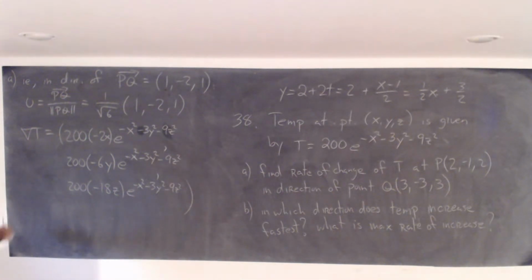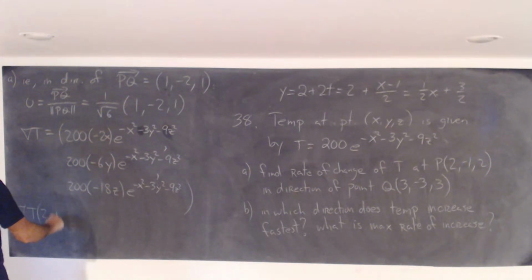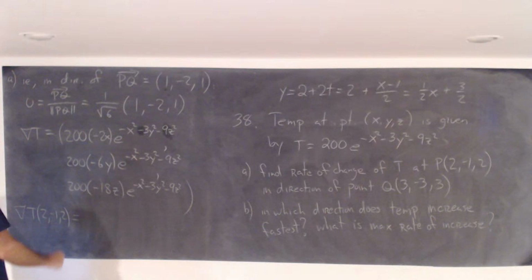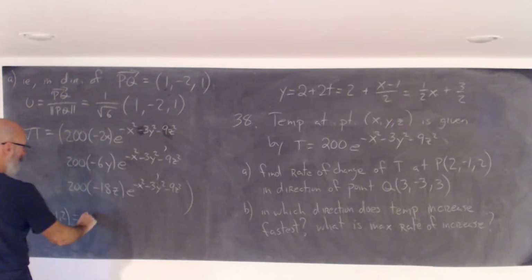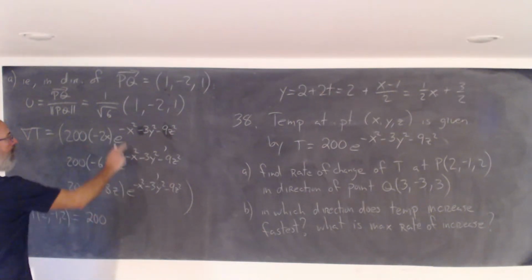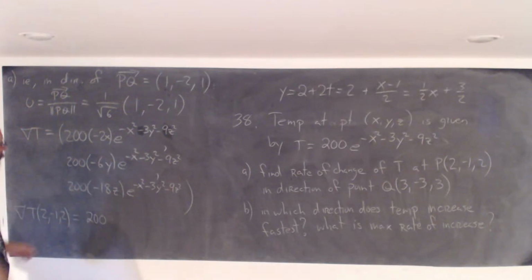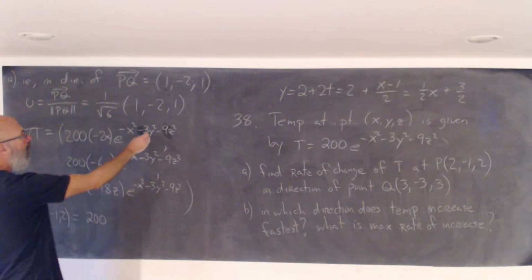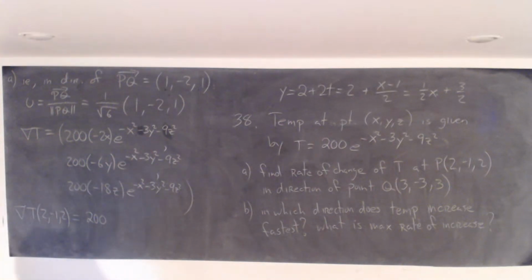So the gradient at the point (2, -1, 2). Let's be smart here and say, let me factor out a 200. You have these in every term as well. So that's 4. Minus 4 minus 3 is minus 7.